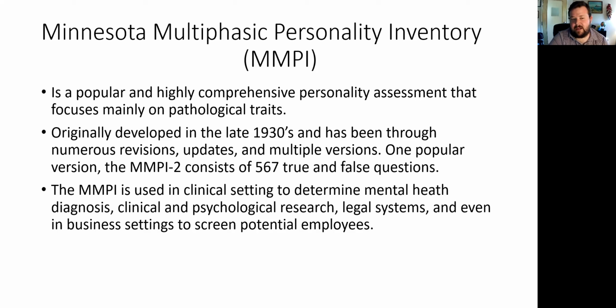So the MMPI is used in clinical settings to help determine mental health diagnoses. Clinical and psychological research is used in legal systems quite a bit, and even in business settings to screen potential employees. So again, that's a quick rundown of common trait theory assessments that are used.